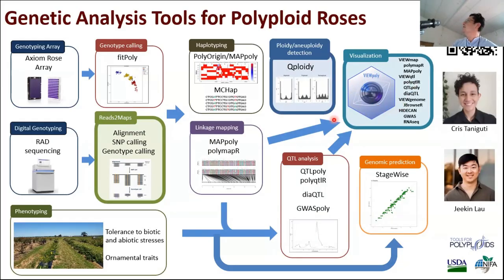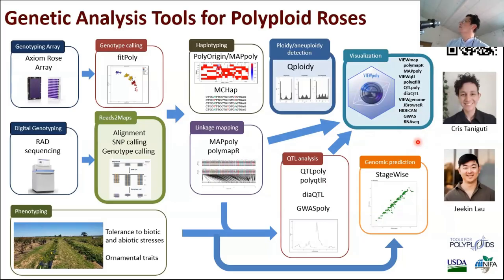And Deacon talked about ViewPoly that was also developed by Chris. So Chris is developing all this software. Deacon is a beta tester and has done a number of software comparisons through this project.